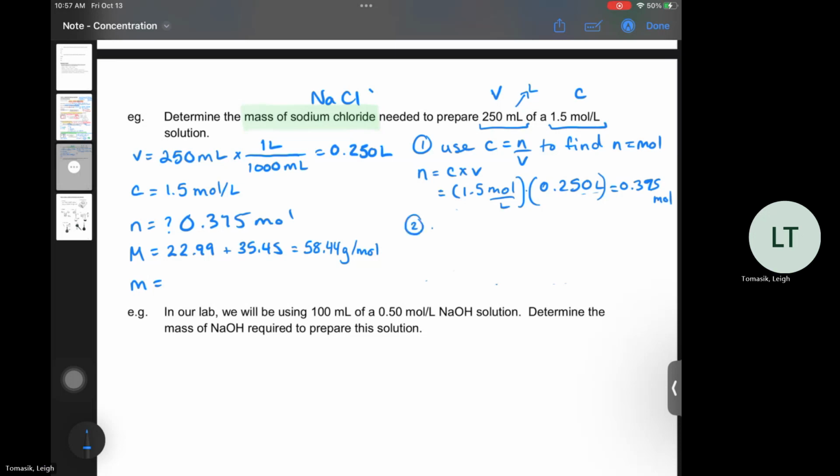To use m equals n times big M to find mass.